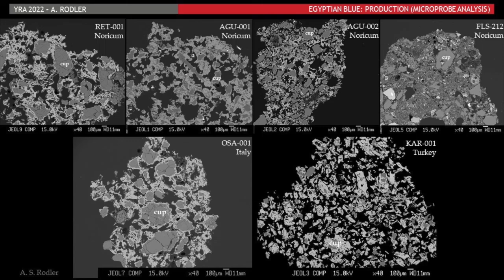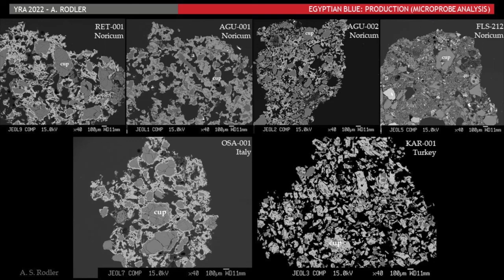And what you can see here is that there is some slight difference in the first row, the upper row, of the Egyptian blue pellets from Noricum. The first three, starting from the left, are fairly similar. They have a similar internal structure, and the crystals look alike as well, whereas the one to the far right, the FS 212, has a bit of a different composition.